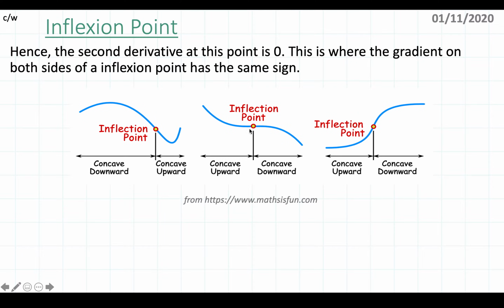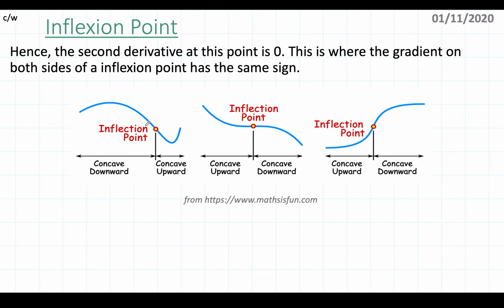So again, this is a concave down and upwards, and then this is a concave down, concave upwards, and concave downwards. So at this particular point, the second derivative is 0. This is what I defined in the first slide. So this is where the gradient on both sides of the inflection point has the same sign.